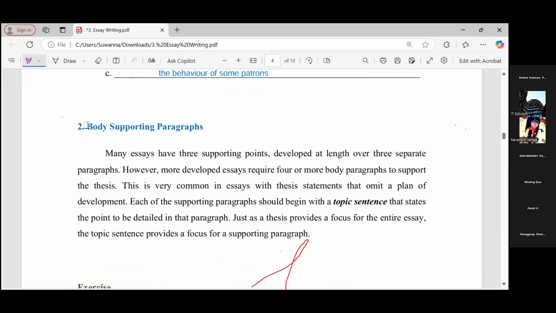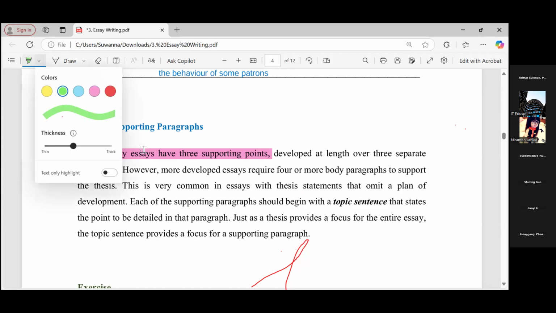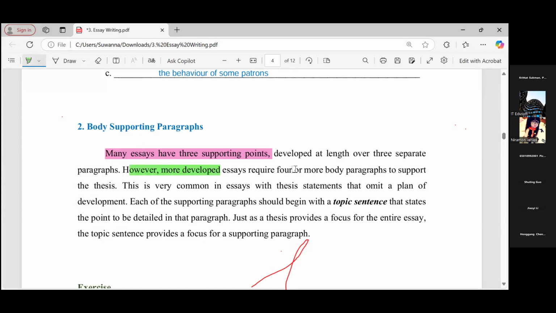Secondly, body supporting paragraphs. Many essays have three supporting points developed at length over three separate paragraphs. However, more developed essays require four or more body paragraphs to support the thesis, especially at postgraduate level, right?